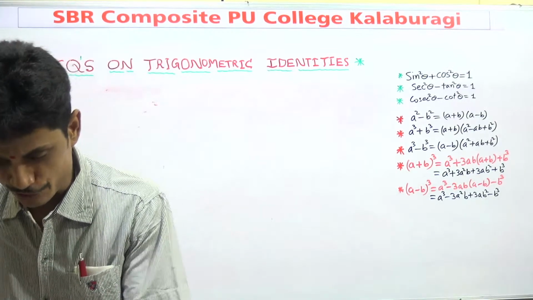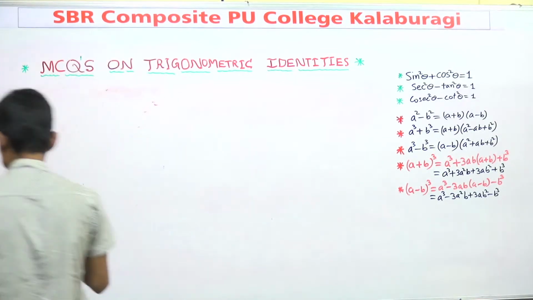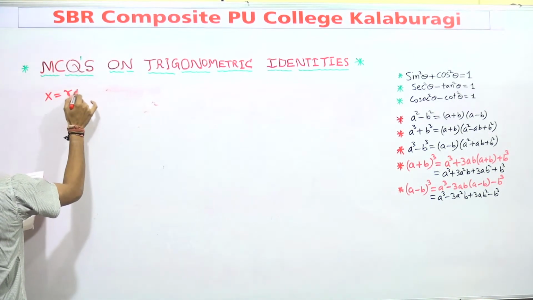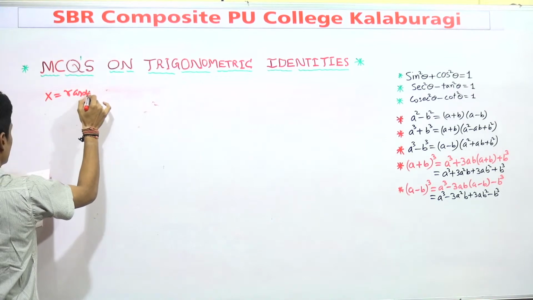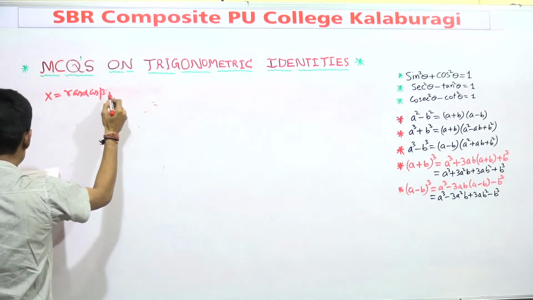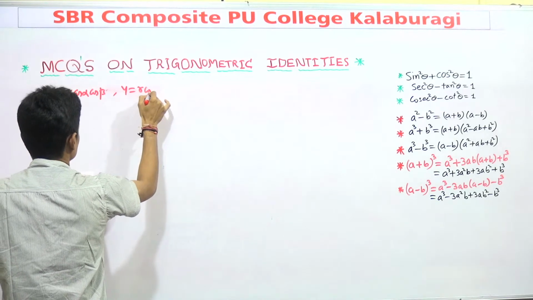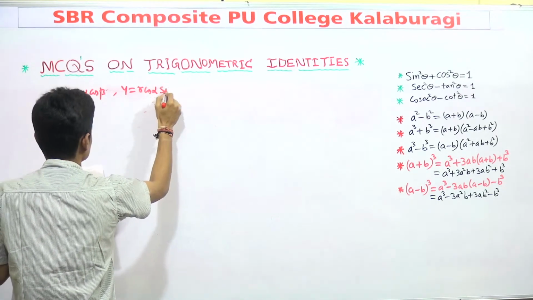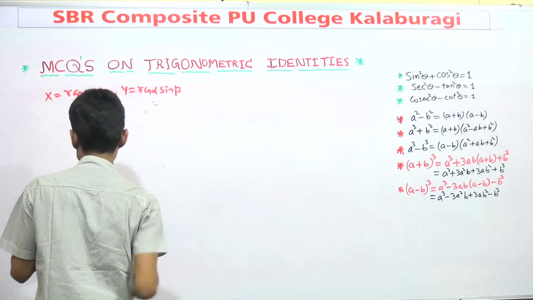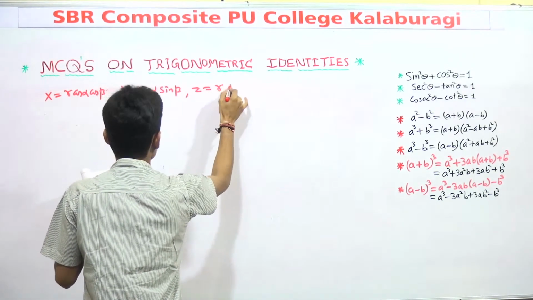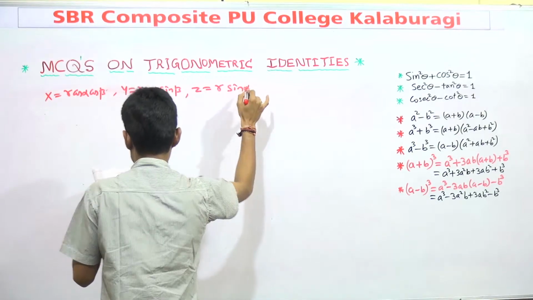One more question is, if x is equal to r cos alpha cos beta, y is equal to r cos alpha sin beta, comma z equal to r sin alpha.